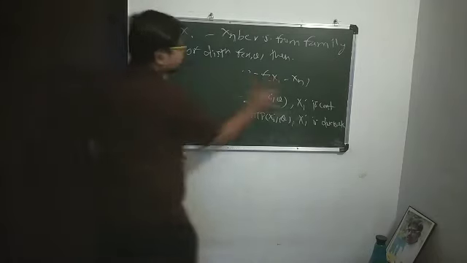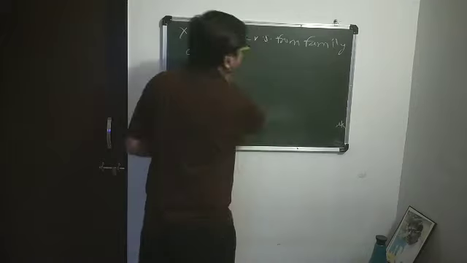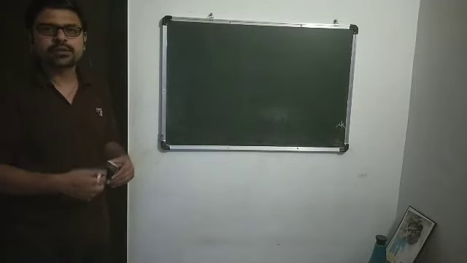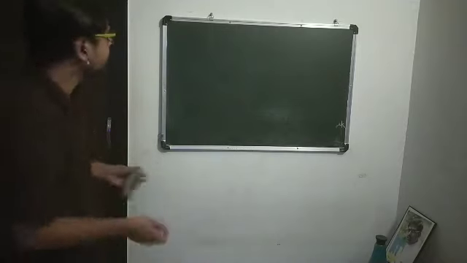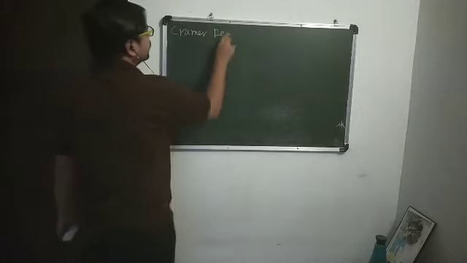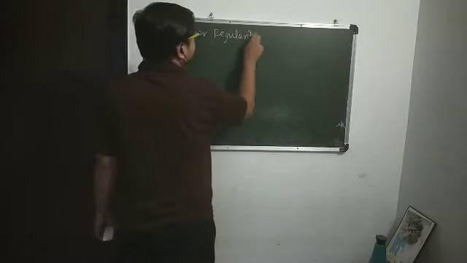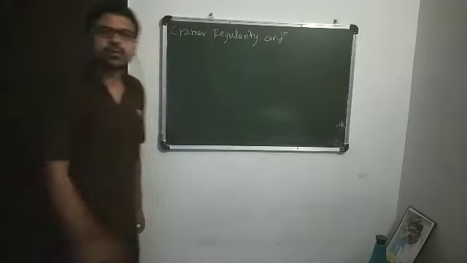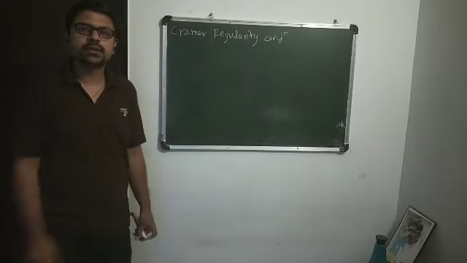So we will now see some of the properties of the likelihood function. To learn about the properties, we have to see some Cramer regularity conditions. We have to see these conditions because under these conditions we are proving the properties of the likelihood function.